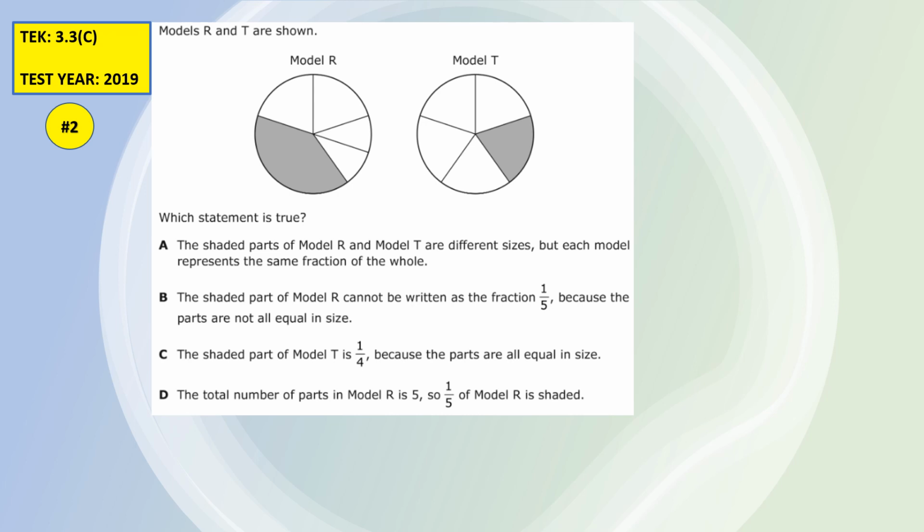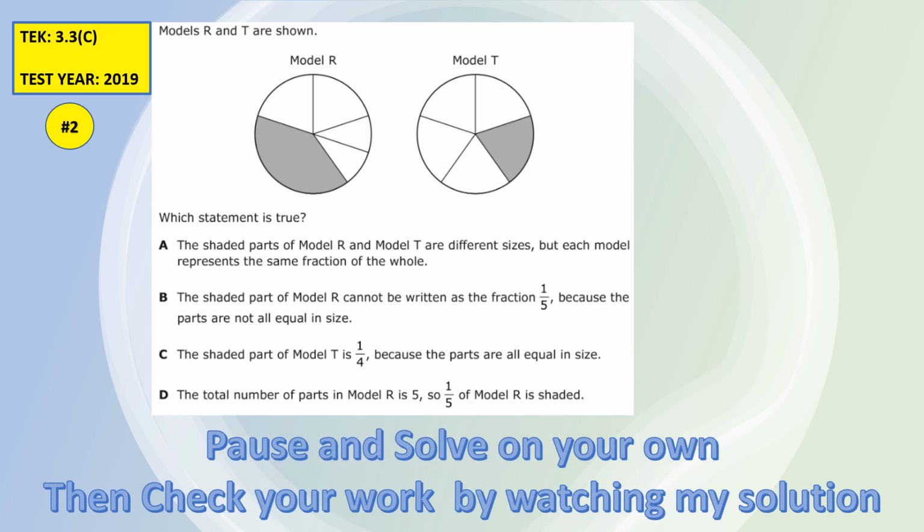Answer choice C says the shaded part of model T is 1/4 because the parts are all equal in size. And answer choice D says the total number of parts in model R is 5. So 1/5 of model R is shaded. Go ahead and pause and solve on your own. Then you can check your work by watching my solution.